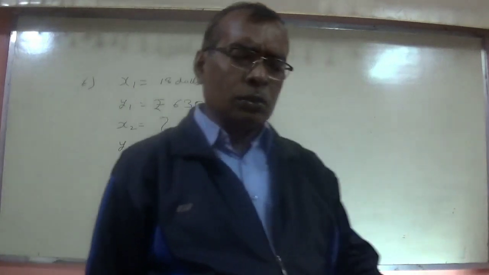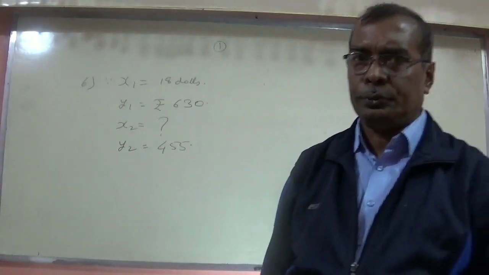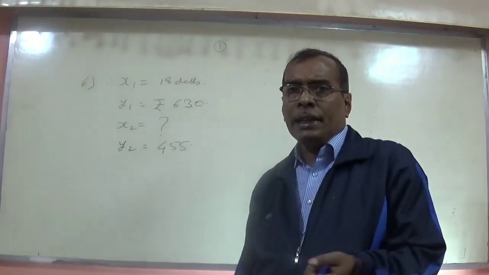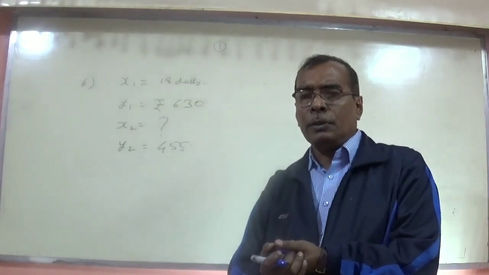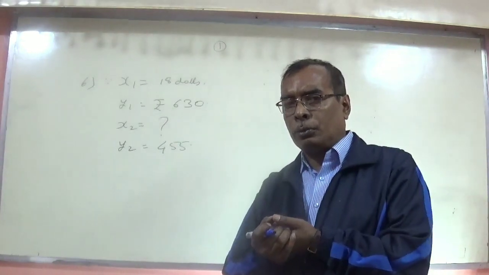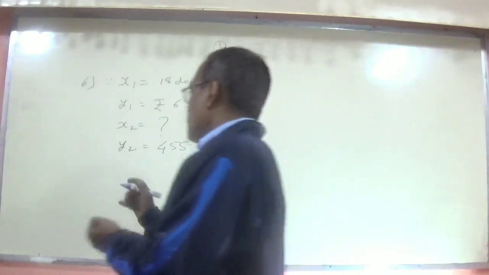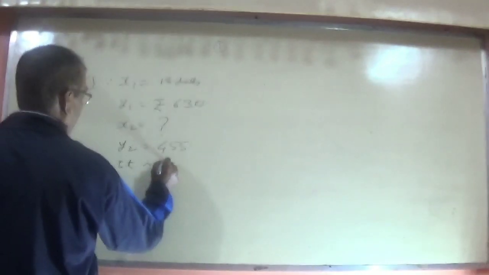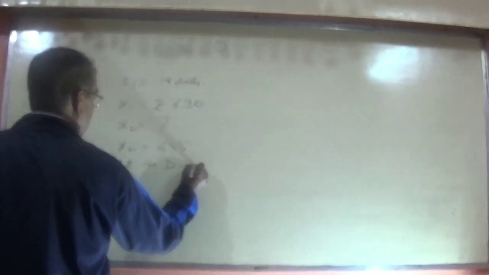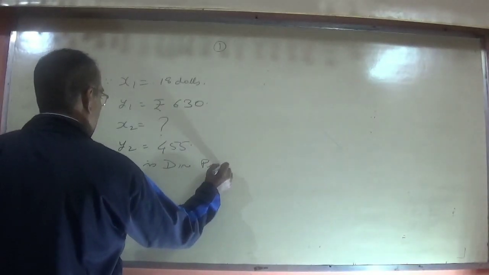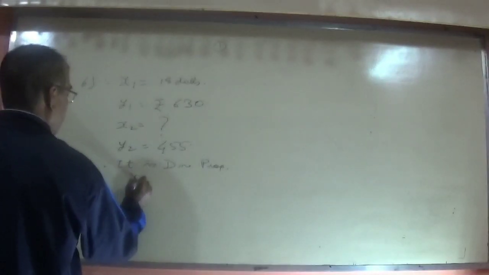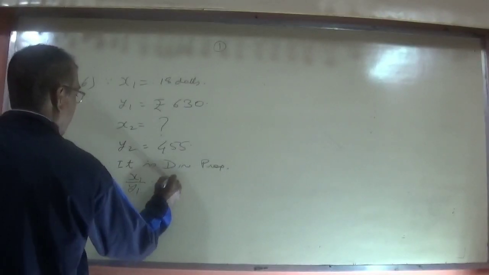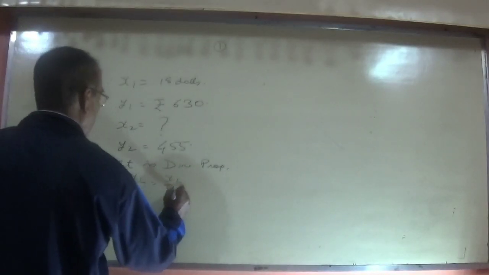You can solve these questions by the unitary method also. But here it is based on direct and inverse variation, so I am going to solve using that particular formula. Since it is direct proportion, the formula is x1 by y1 is equal to x2 by y2.